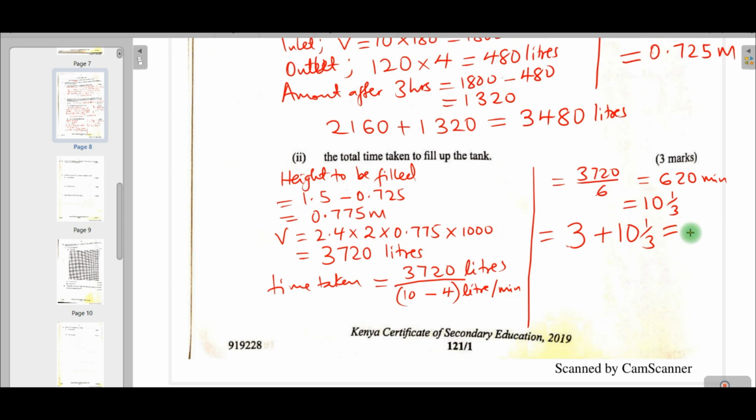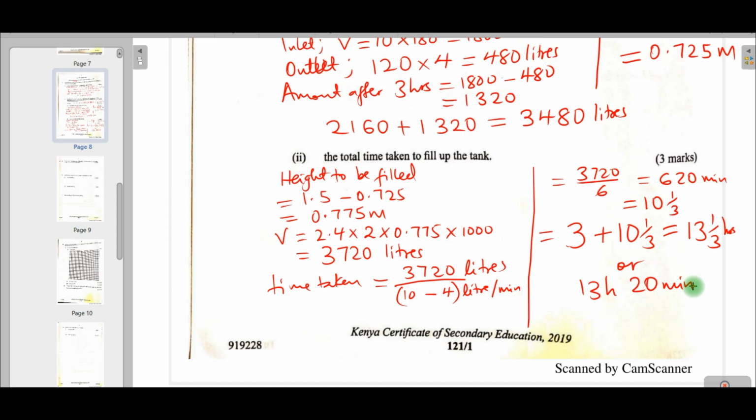If you add together, you get 13 and a third hours. So this is the total time taken, or you can say it is 13 hours, a third of 60 minutes, that is 20 minutes. So that's how we do question number 17.